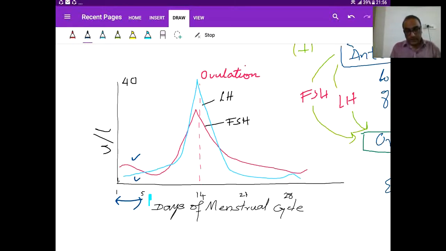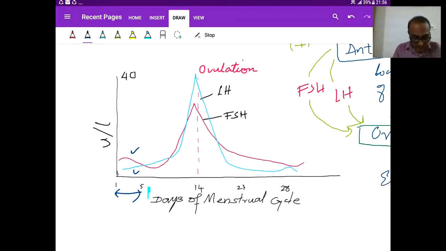Then the levels of both hormones, which we measure in units per liter, go on increasing in the blood. As we see here, they reach the peak level.